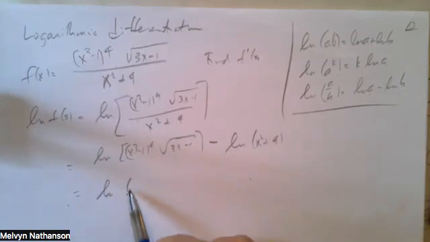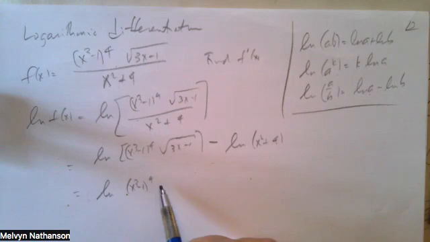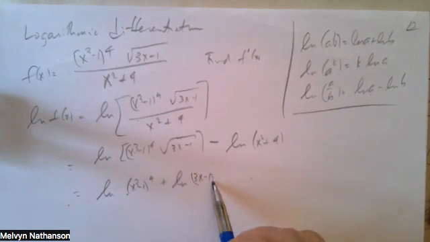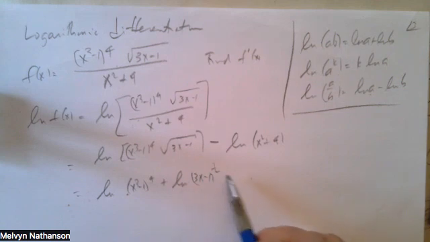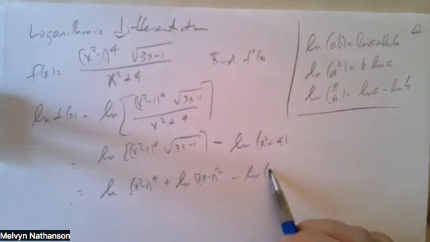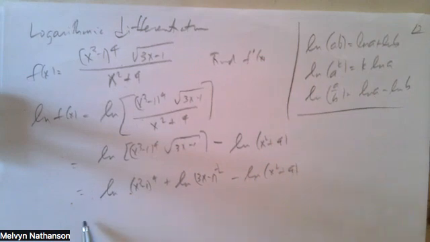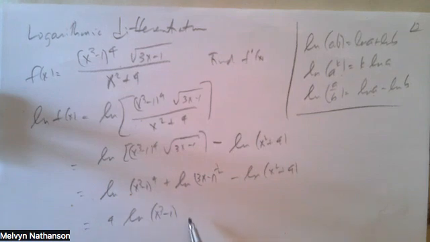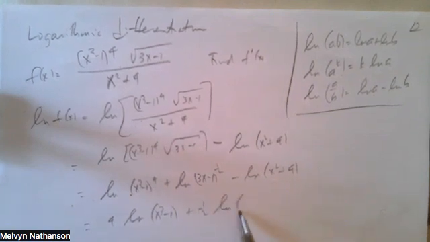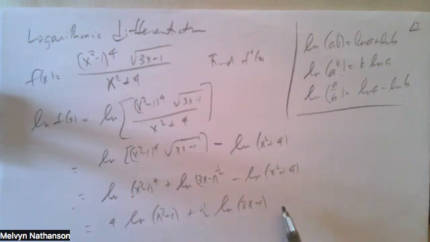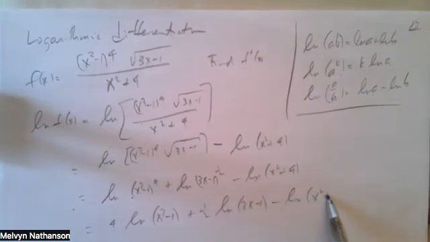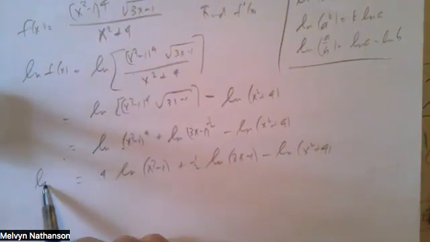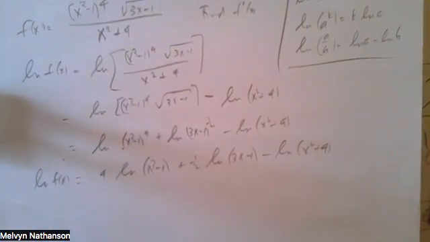So this is the log of x cubed minus 1 to the 4th plus the log of 3x minus 1 to the square root, which is the same as power a half, minus the log of x squared plus 4. So this is 4 times the log of x cubed minus 1 plus a half times the log of 3x minus 1 minus the log of x squared plus 4. That's all equal to the log of f of x.